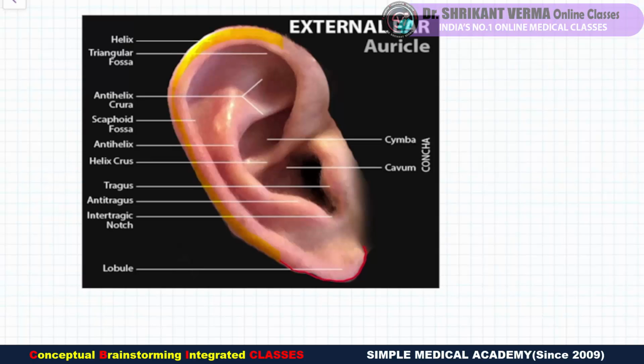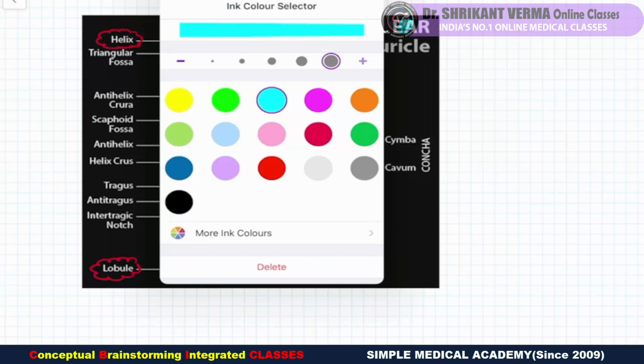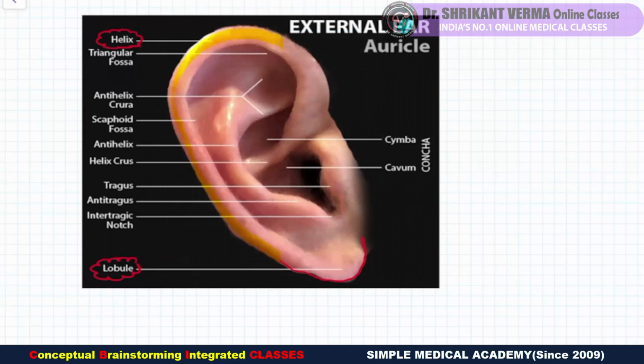It is loaded with fat. That is the lobule. Now again try to understand, just in the opposite direction of this helix another curved portion is running. So this is our anti-helix.